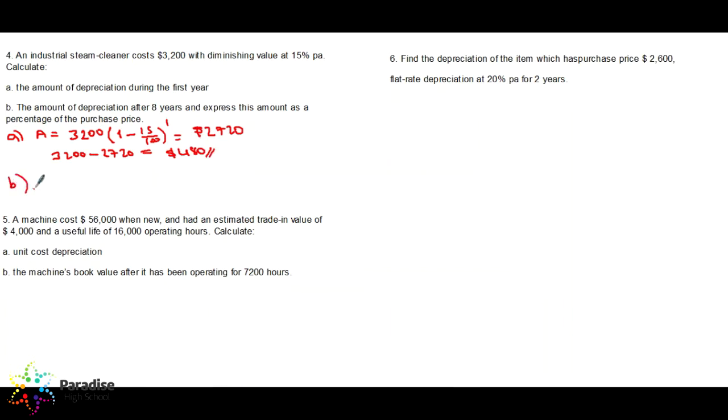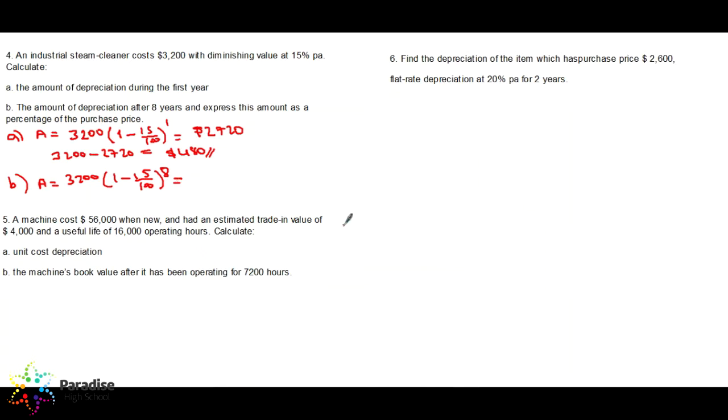Part B. The amount of depreciation after 8 years and express this amount as a percentage of the purchase price. So then I will find the book value after 8 years, 3,200, 1 minus 15 over 100 to the power of 8. So that makes 3,200 times 0.85 to the power of 8.